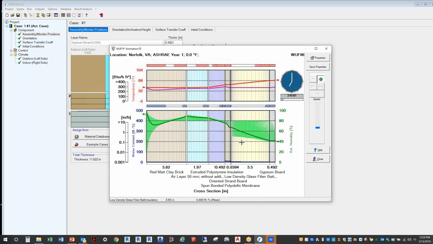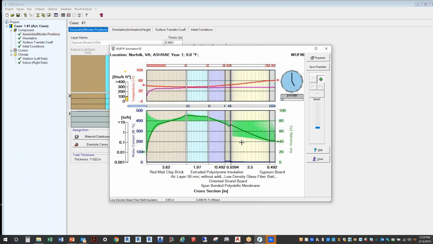So your gypboard, your plywood, anything that can hold moisture, you want to keep an eye on that, and you really don't want to exceed 12%, ideally. You could maybe get away with 14% if it dries out frequently, but you don't want to be over 12% in any of your materials.